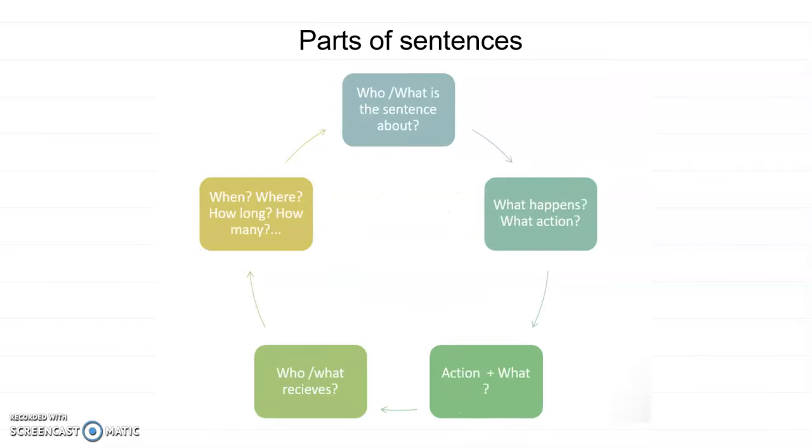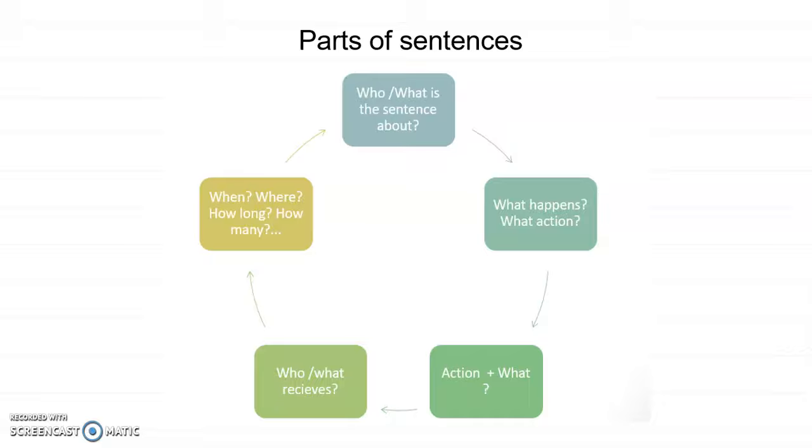Let's see. When they ask who or what the sentence is about, they are asking for the subject. When they ask for the action or what happens, they are asking for the verb. If they ask with the action plus a what, like what did he buy, what did she sing, then they are asking for the direct object.